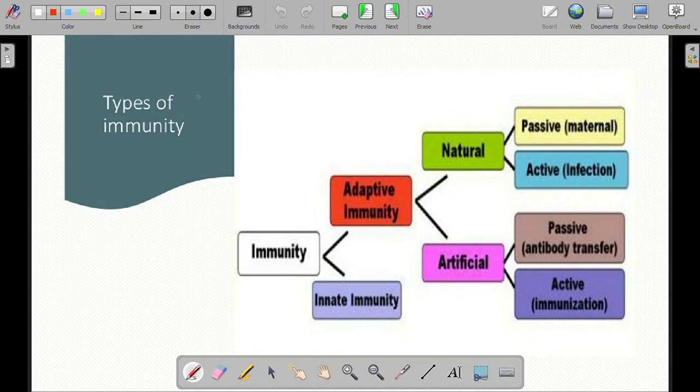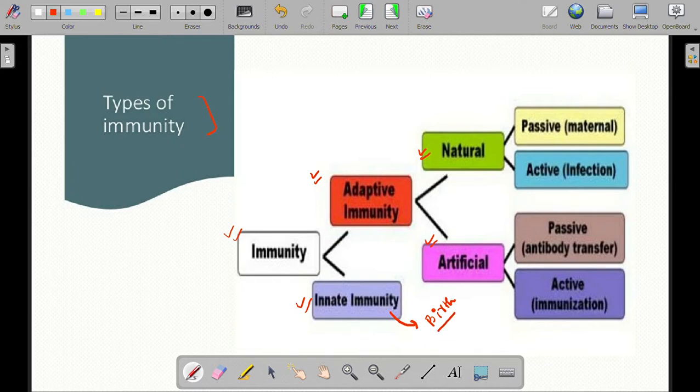Now let us see about the types of immunity. Immunity is basically divided into two types. One is adaptive immunity, another is innate immunity. Innate immunity means immunity that is present from birth.